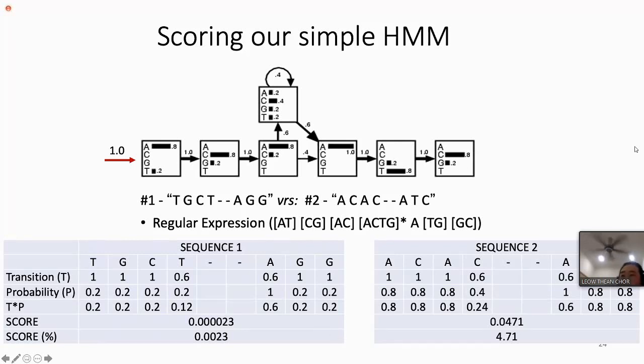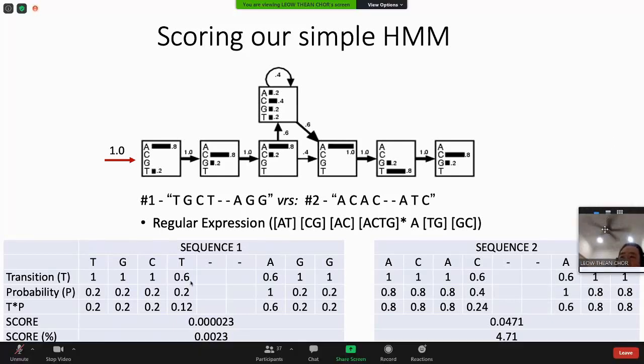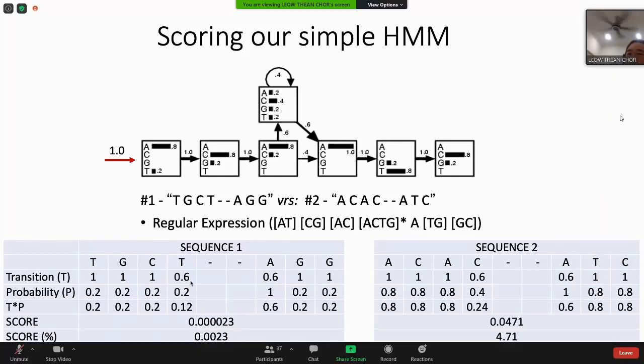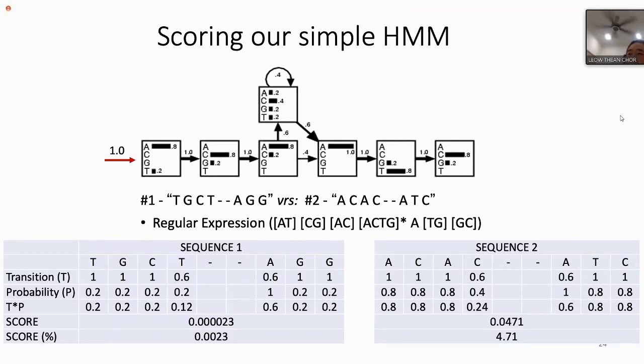Just now I told you, if the probability score here is not in log format, in order to obtain the final score, you have to multiply, right? So 0.2 multiplied by 0.2 multiplied by 0.2 multiplied by 0.12 multiplied by 0.6 multiplied by 0.2, and you will get 0.000023.